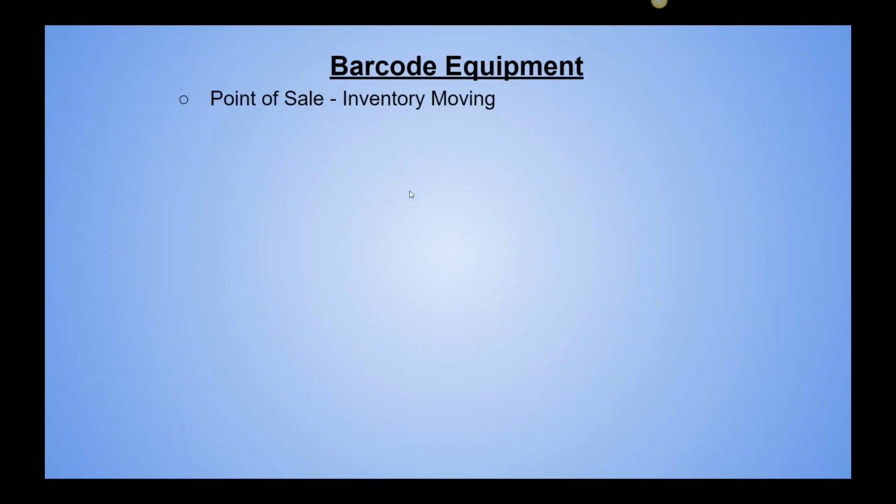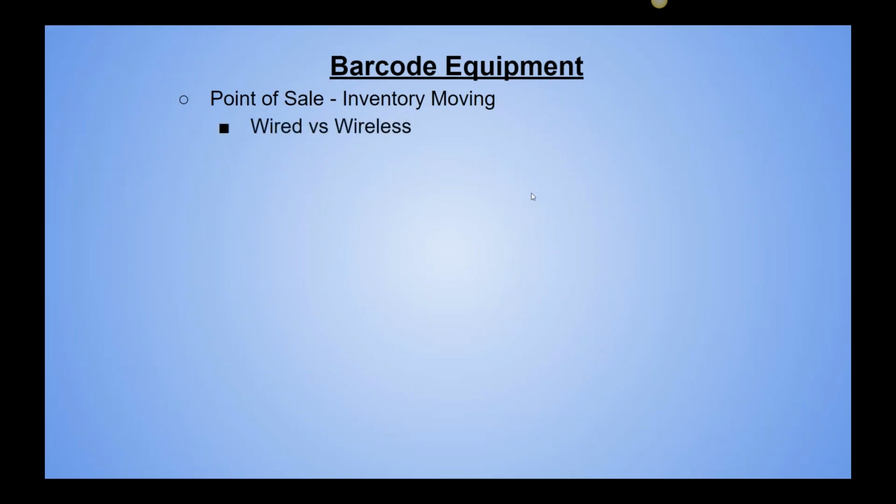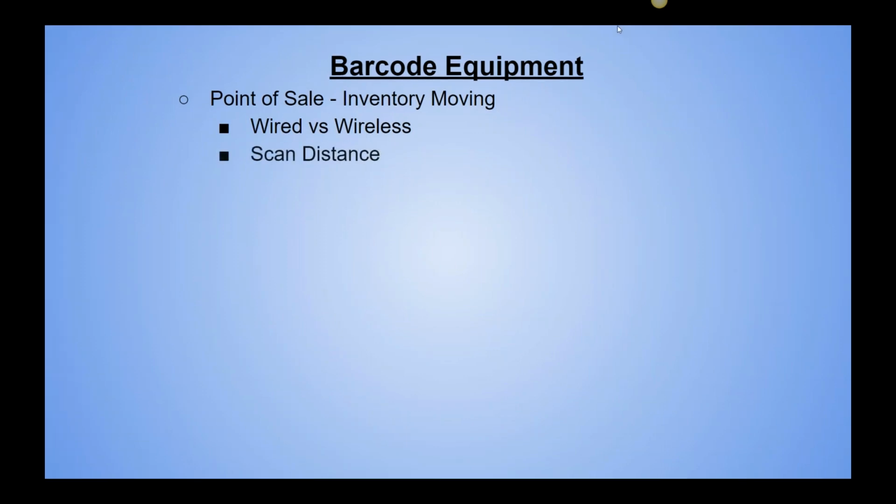Okay, so point of sale barcoding equipment and moving inventory equipment is basically the same. Okay, not too big of a difference in the kinds of technology, but there is such a wide range of possible products that you can use. So when you're looking at this, you have to decide: do I want wired?